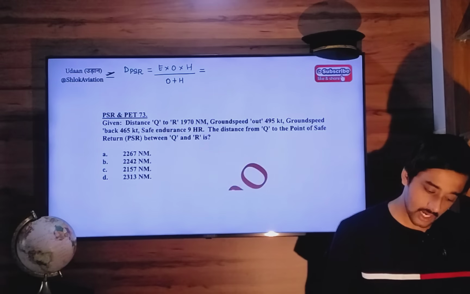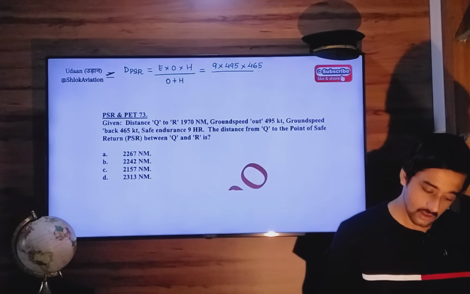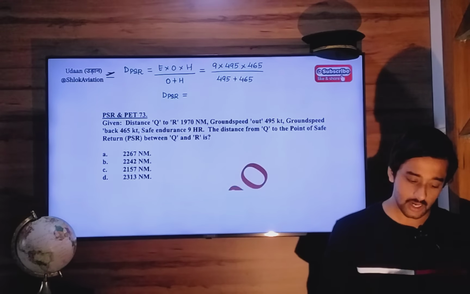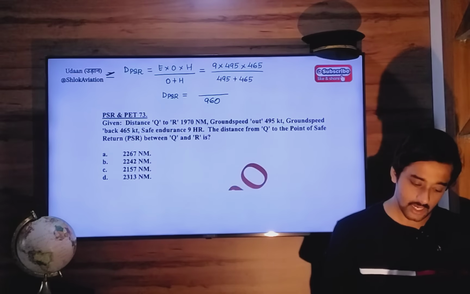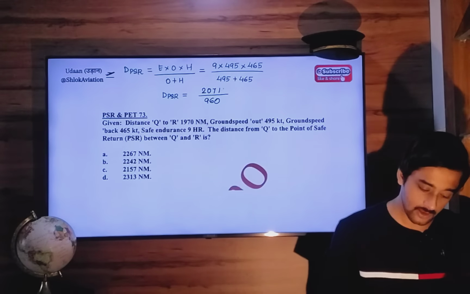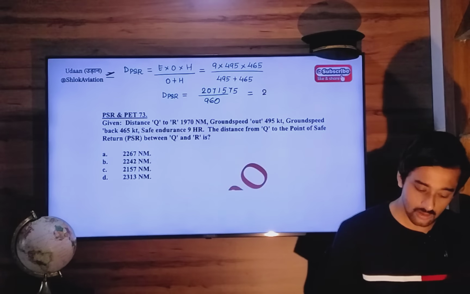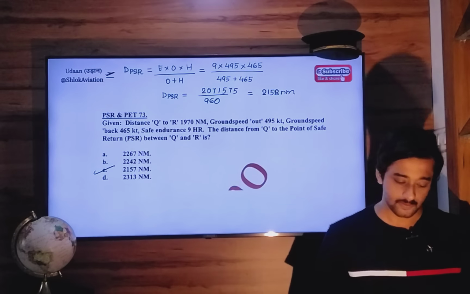So endurance 9 hours, outbound speed 495, homebound speed 465, divided by 495 plus 465, that is 960. 9 into 495 into 465 is 2071575. Divided by 960 is 2158 nautical miles. So option Charlie is the right answer.